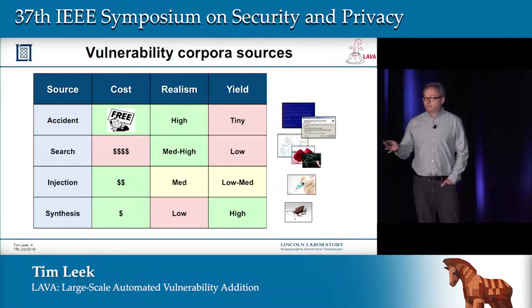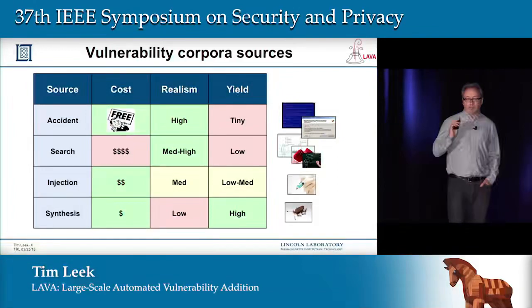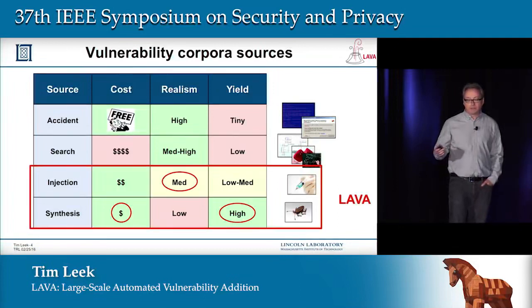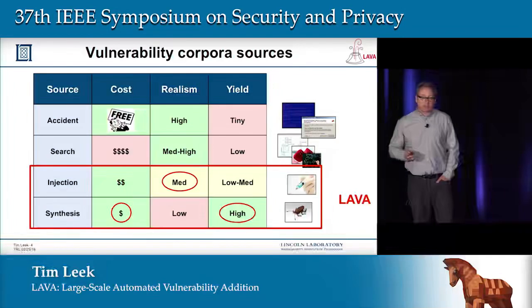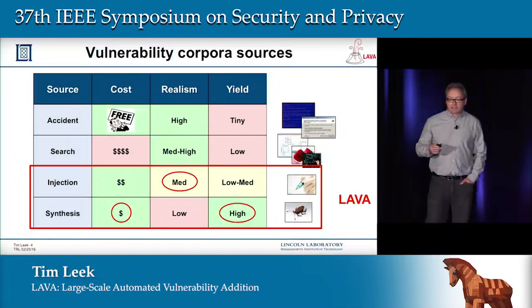You can create bugs by injecting them into programs, and those are pretty realistic, but they're low to medium yield. And you can synthesize things, writing a Python script or something like that that creates lots of buggy programs for you. We're trying to hit this sweet spot, and in LAVA, we try to inject bugs into real programs to get good realism, but we're kind of synthesizing things so we have low cost and high yield.